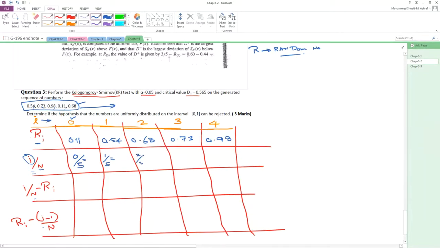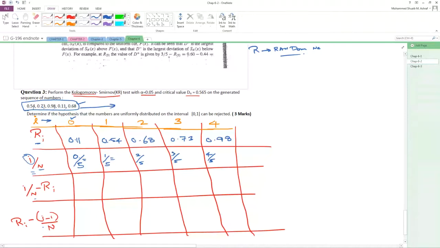Then 2 divided by 5, 3 divided by 5, 4 divided by 5. If you calculate with the help of a calculator, how much?